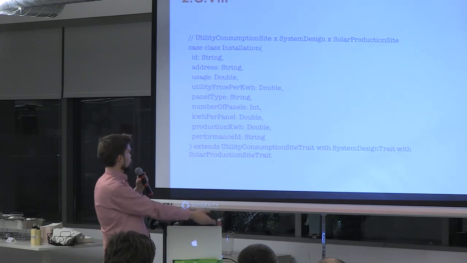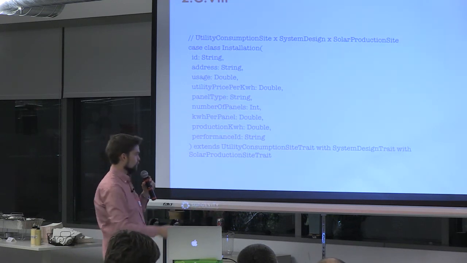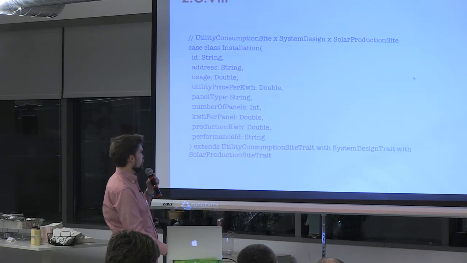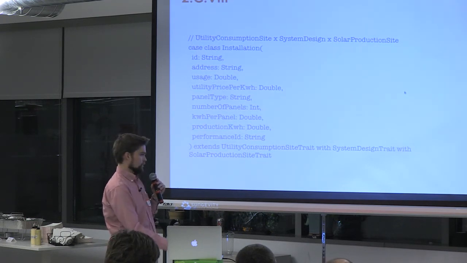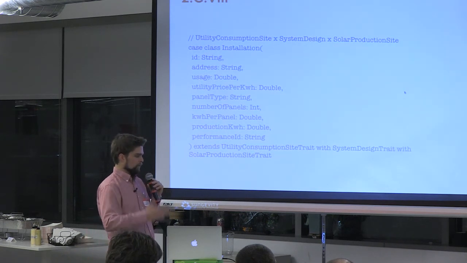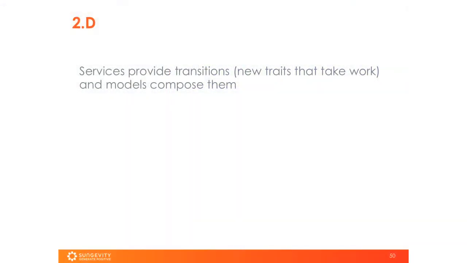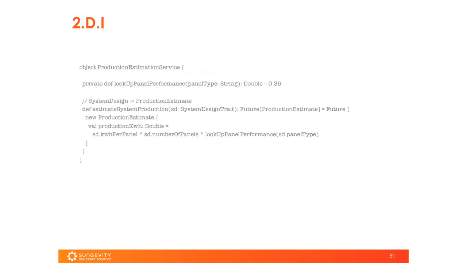We can forget about the savings at this point, and still, we don't require it. Because we might not want to impose that restriction on ourselves in every situation. If it's installed, even if we don't want to generate or price a quote anymore, we can still do this. So those were the models that are accumulating the traits, but services need to provide them and move the state machine through the expensive transitions.